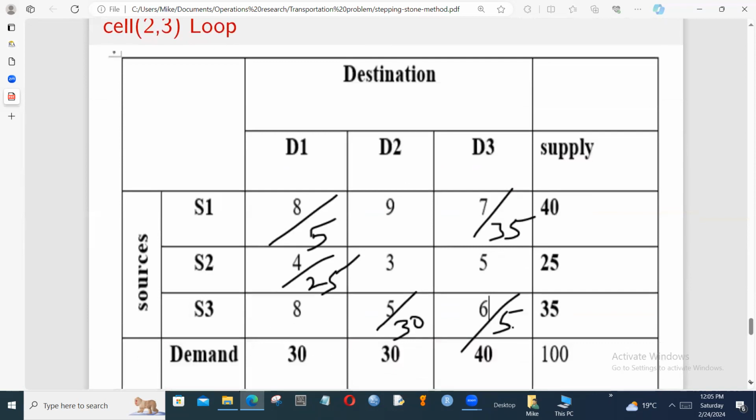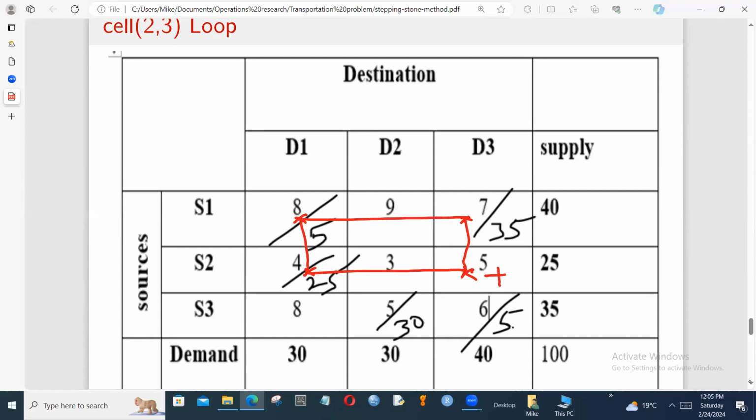Then we can have cell 2, 3. I had these tables drawn in advance to make it easy. If I want a closed loop, from here I can move this way, then come this way, then come this way. That's the only closed loop you can have.